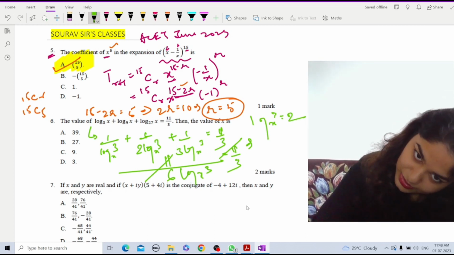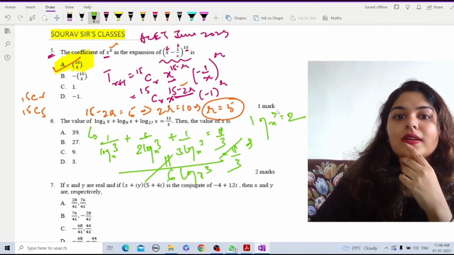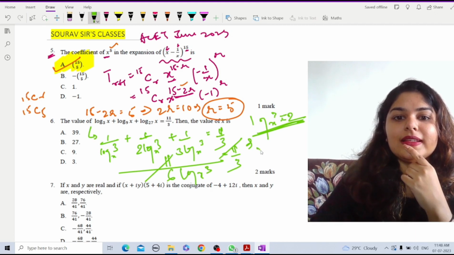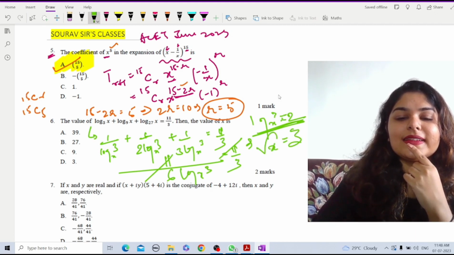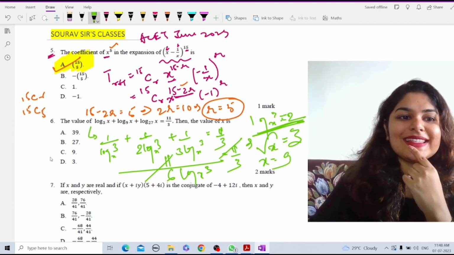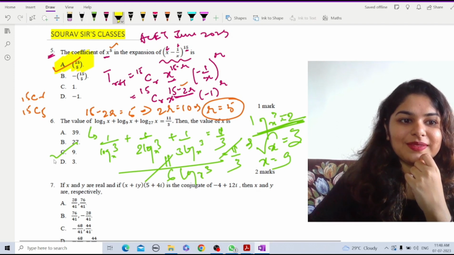Now this is very clear from here. If we solve this, root of x is equal to 3, so the value of x will be x squared is equal to 9. Do we have 9? Yes. So C is the correct option.